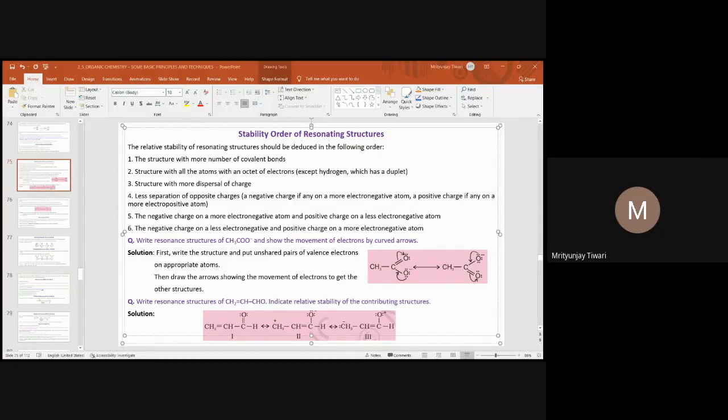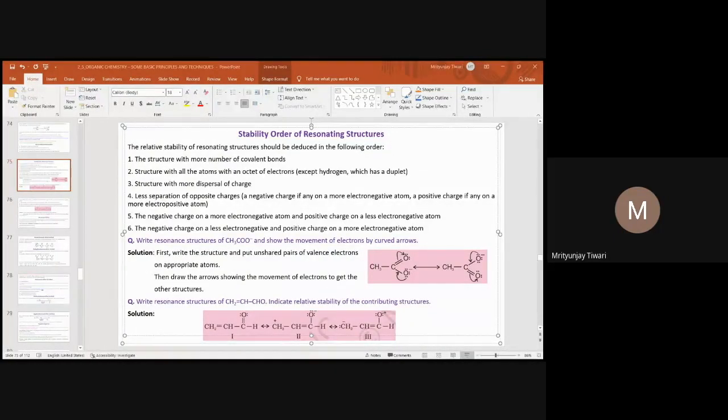Now, there are two types of resonance effects, also called the mesomeric effect. The resonance effect is abbreviated as R effect, and the mesomeric effect is abbreviated as M effect. The positive resonance effect, which we can also call the positive mesomeric effect, is represented as plus R or plus M effect; they are the same.